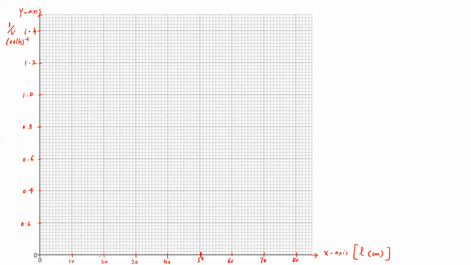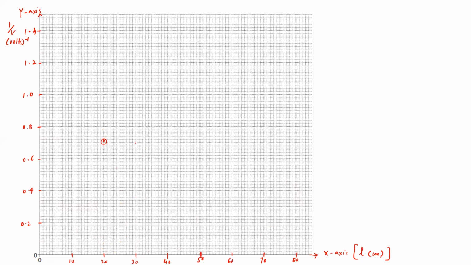So for 20 centimeters, let's plot the point. For 20 centimeters we have 0.71. So 0.71, 0.7, and somewhere here is the value for 20 centimeters. Okay, then for 30 centimeters we have a voltage of 0.77.